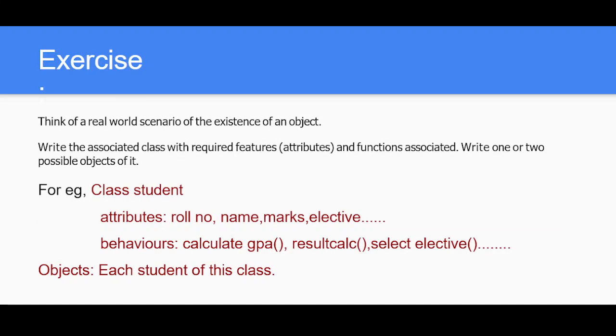Now, I have got a small exercise for you. Think about a real world scenario of existence of an object, and you should write the associated classes with required features and functions associated. Write one or two possible objects of it. So think about the real world. There are many things.